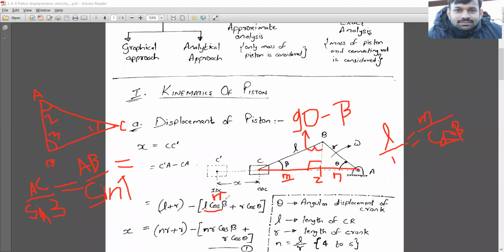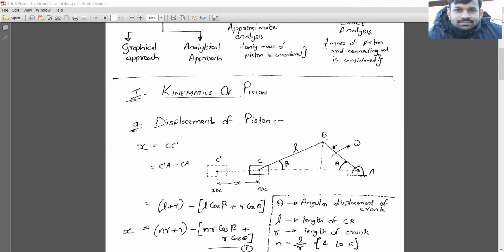Similarly, I can calculate N. What will be the value of N? N will be R cos theta. Using the same concept, the sine law, in triangle BZA, this will be 90 degrees, this angle is theta, and this angle would be 90 minus theta.